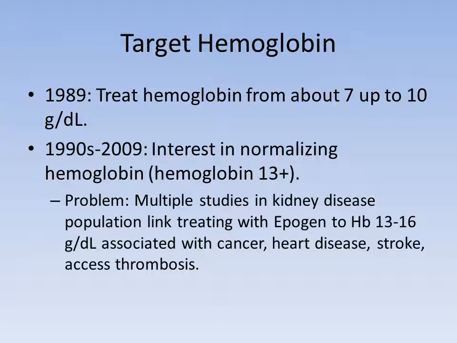So basically, for the first 20 years of ESA history, we thought, well, maybe if a little bit of erythropoietin is good, maybe a lot would be better. But unfortunately, there were multiple studies showing that if you try to normalize their hemoglobin, that is, increase their hemoglobin to 13 or above, that unfortunately there is an increased risk of complications, death, non-fatal heart attacks, higher mortality, greater risk of access thrombosis, greater risk of hospitalization.